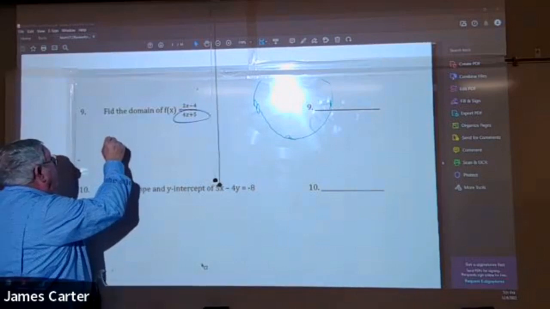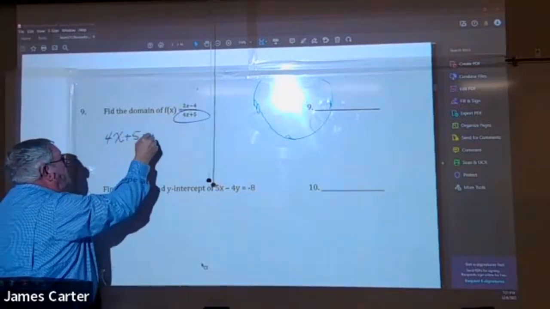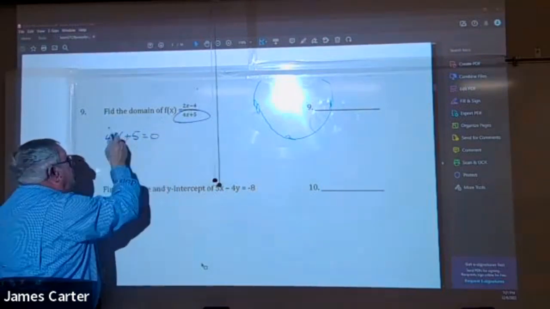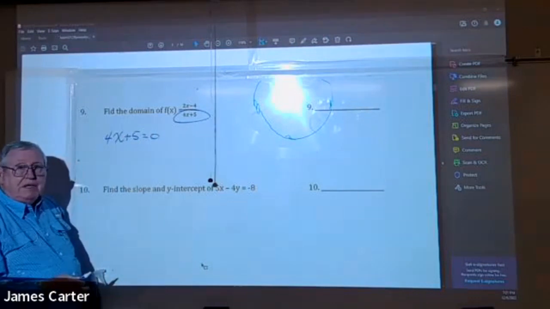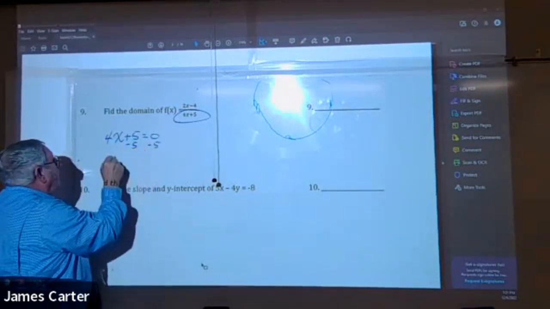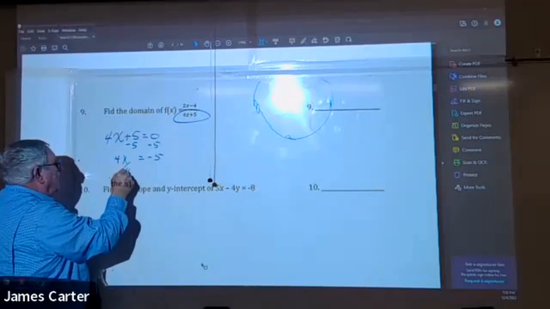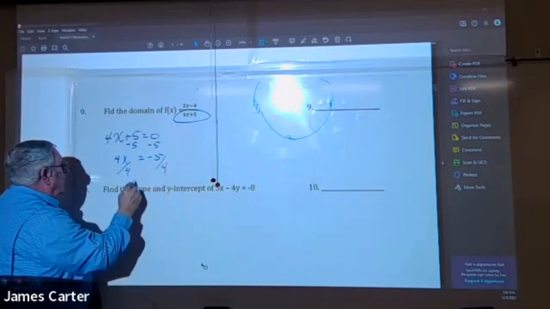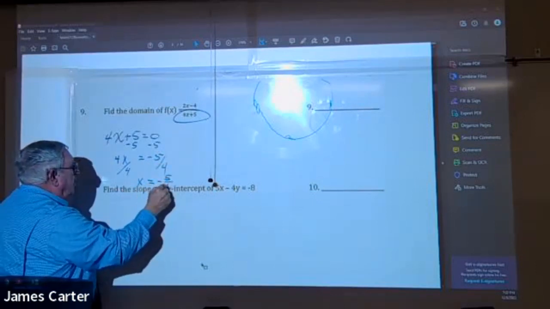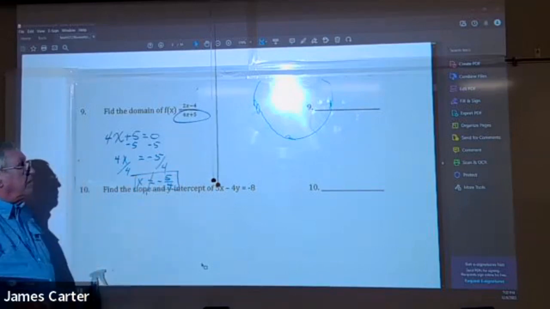You set 4x plus 5 equal to 0 and figure out what x can be. Minus 5, minus 5. 4x equals -5. Divide by 4, divide by 4, and x equals -5 fourths. Now, that's the number it can't be.